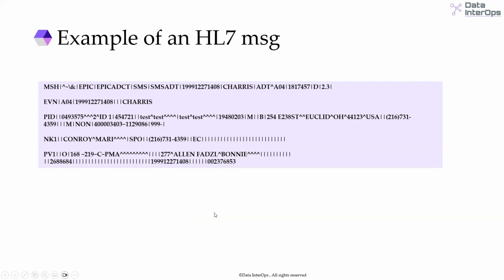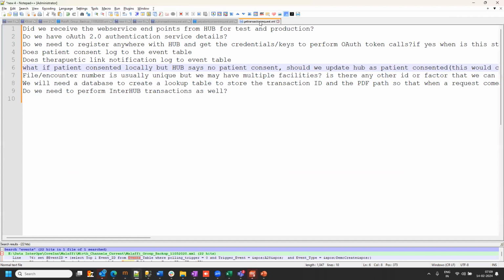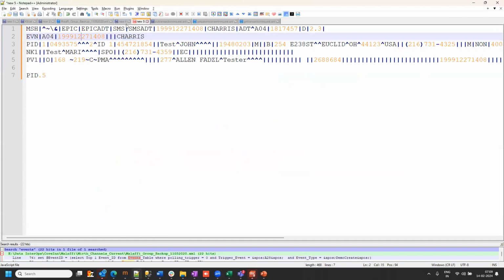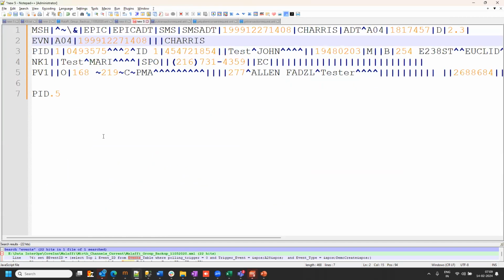Right? So let's go back to the example that we saw yesterday. So this was our HL7 message, right?